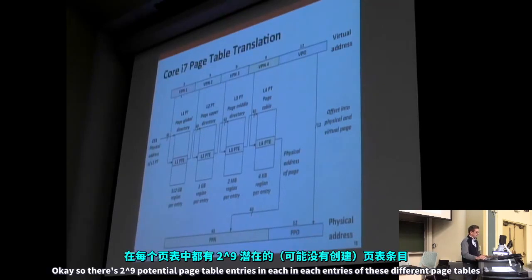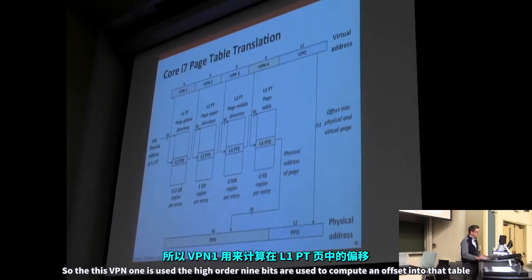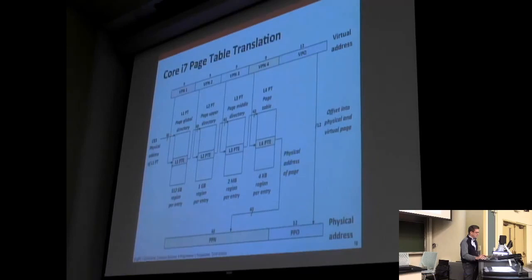Okay, so there's 2 to the 9th potential page table entries in each of these different page tables. So this VPN1 is used. The high order 9 bits are used to compute an offset into that table.